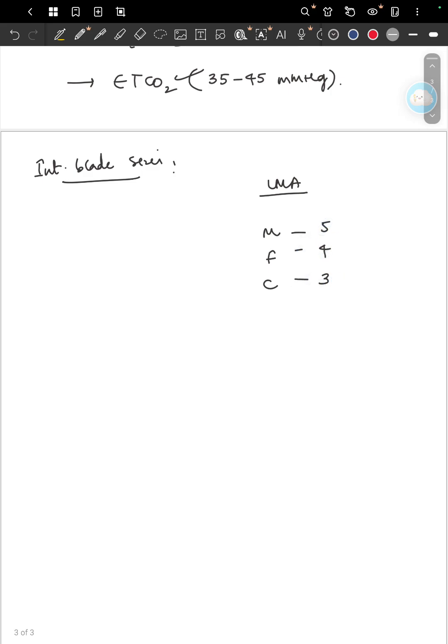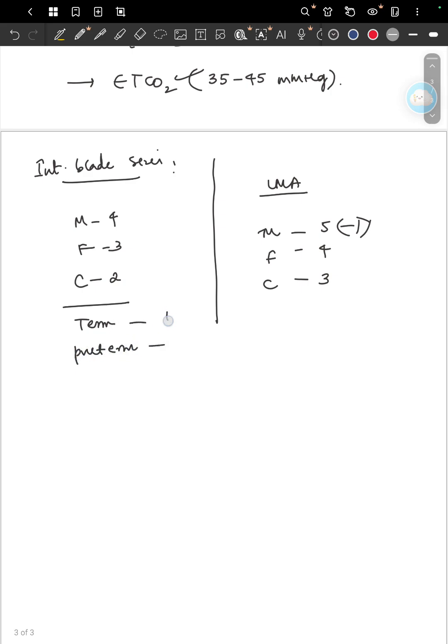Now here we just have to subtract by 1. So we'll have male as 4, female as 3, child 2, but in addition we'll have term and preterm as well. For preterm and term we'll simply be adding 1 and 0 like this. So these are the sizes of intubation blades.